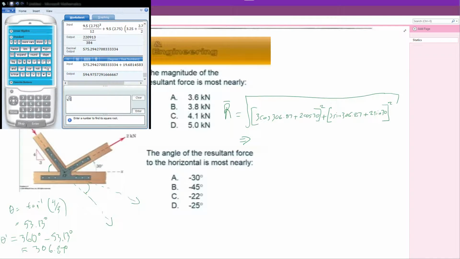I'm going to use square root of 3 cos of 306.87 plus 2 cos of 30 degrees, then close and square everything, plus the y component, which is 3 sine of 306.87 plus, sorry, 2 sine 30 degrees, then square.